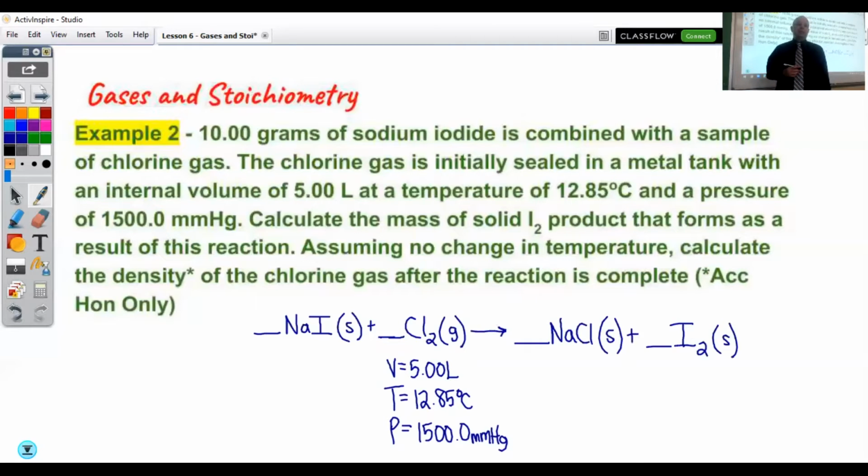The problem is asking us to calculate the mass of solid I2 product that forms as a result of this reaction.